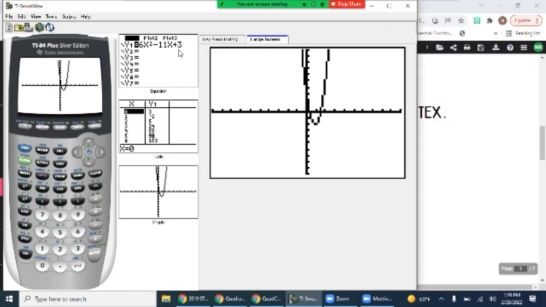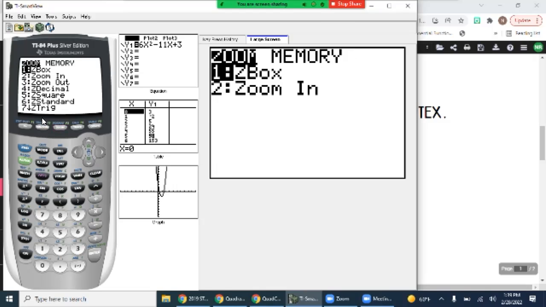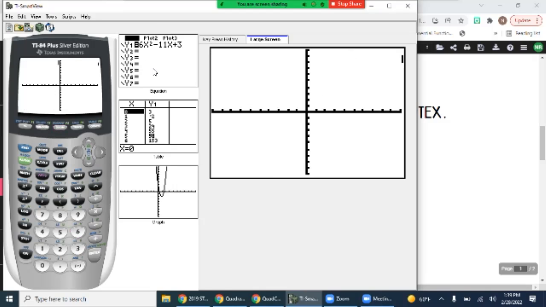If you get an error, you may have put a negative in here instead of a minus. If it's in the middle, it should be minus. Now, after I press zoom 6, if you can see the vertex, you're good to go.